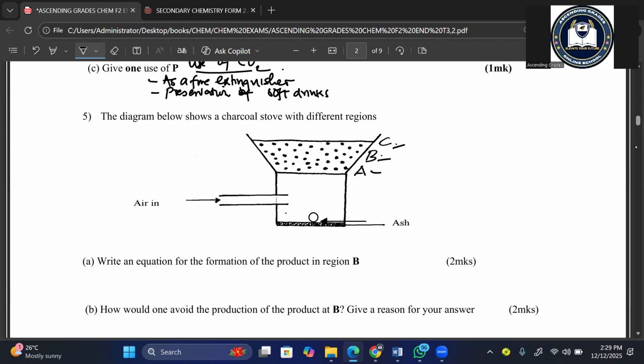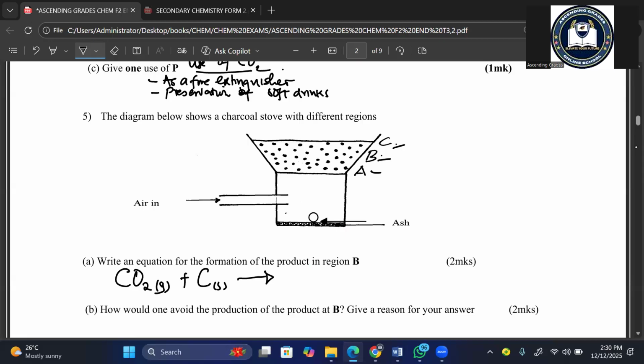So in region B, it will be carbon 4 oxide reacting with carbon, and we are saying the carbon will be reducing.